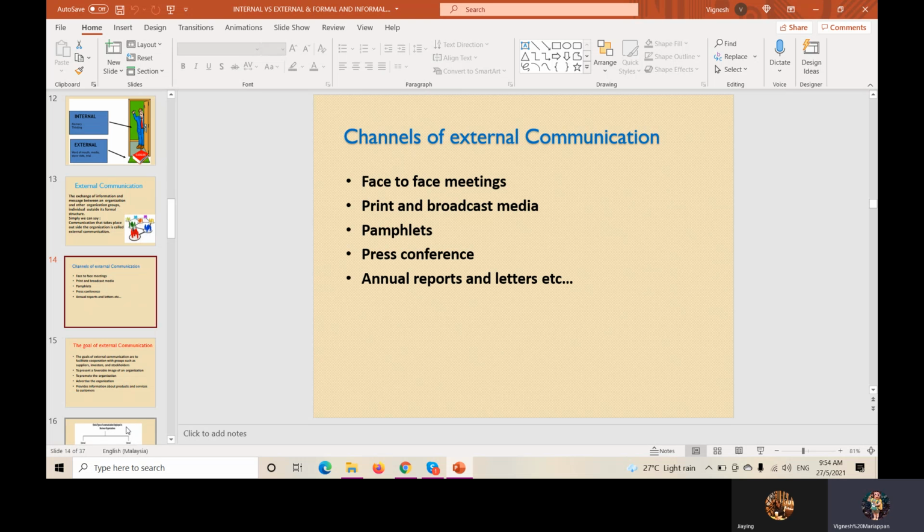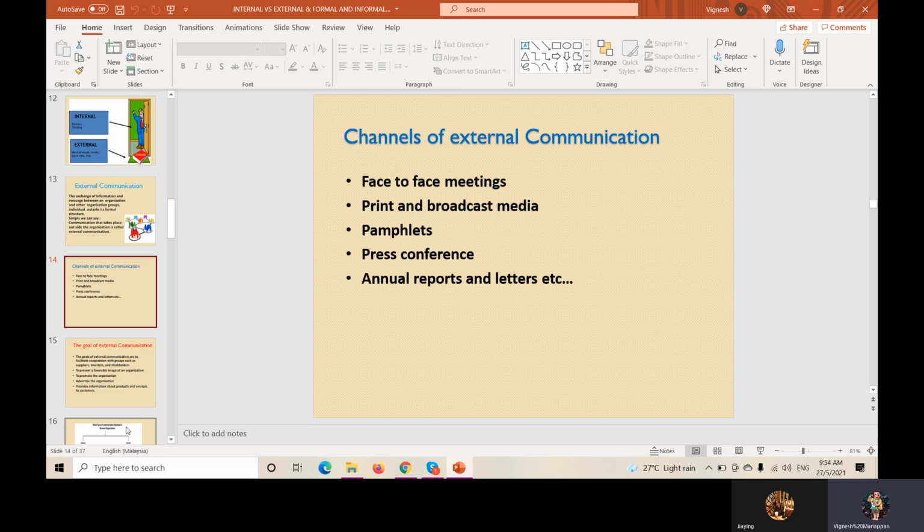And then print and broadcast media is one of the channels you can use for external communication. Also you can use pamphlets. You can make your own pamphlets of the information that you want to pass, and then distribute the pamphlets to outsiders. I'm talking about outside of the organization, how you want to exchange your information.